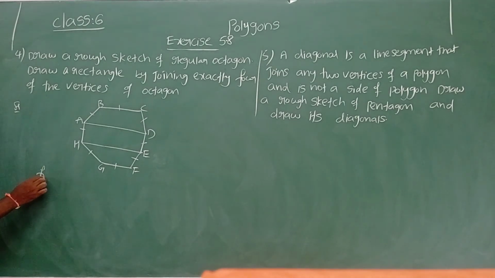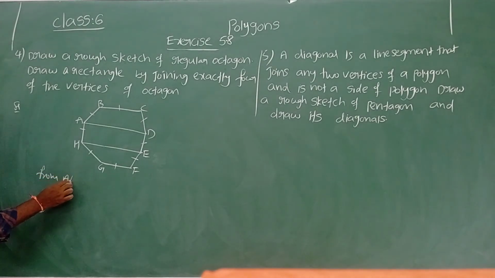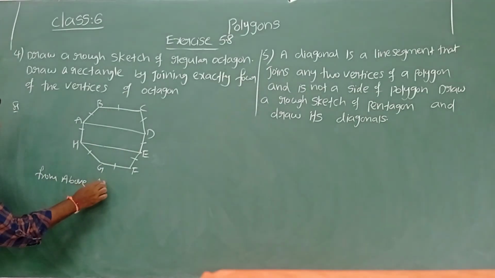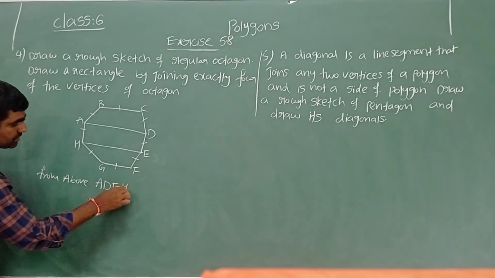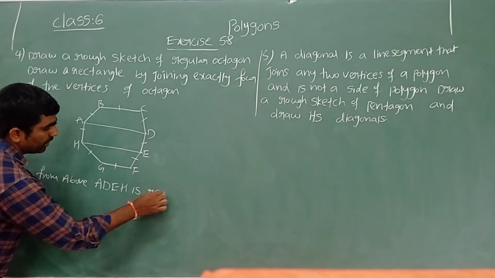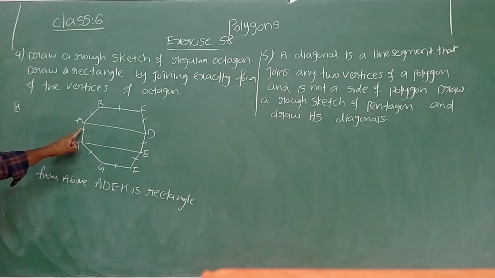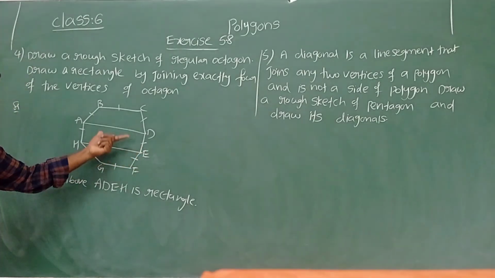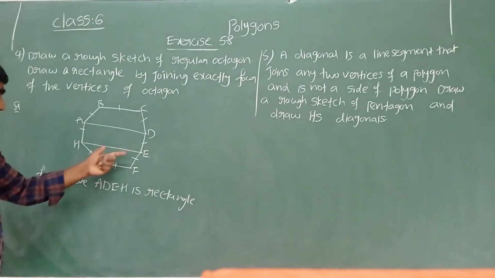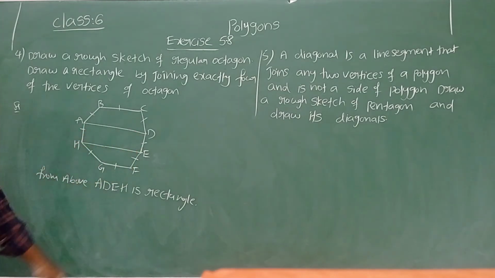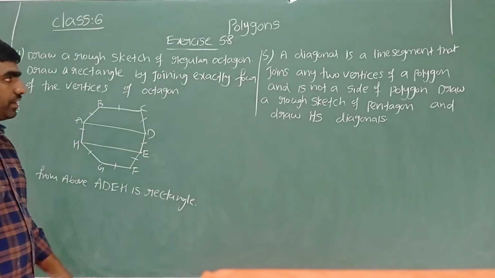So we can write from above that by joining these 4 vertices A, D, E, H we get a rectangle. These are equal sides, and these two are also equal. Each angle is 90 degrees. It is called a rectangle.